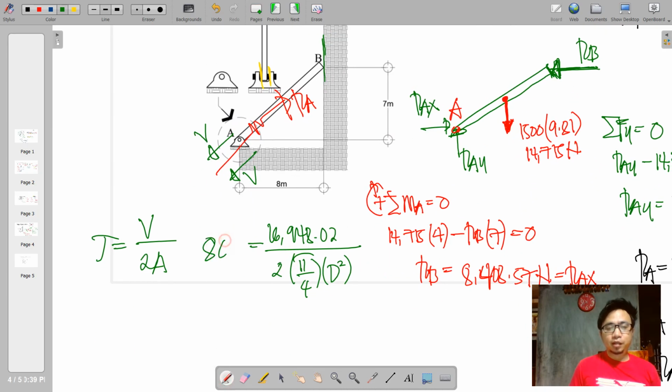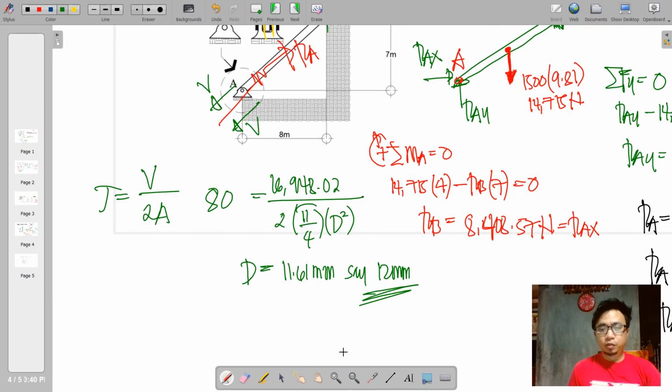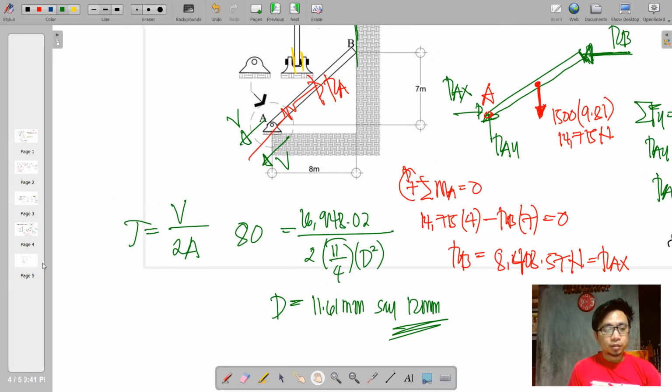So you just have to place it here, 80, and then by cross multiplication and manipulation, taking the square root, we have 11.61 millimeter. Perhaps you can round that to an exact value for the diameter, say 12 millimeters. So we're going to use 12 millimeter diameter for the pin connection, whether your pin connection is a bolt or a rivet, or it could be a nail. So it really depends.